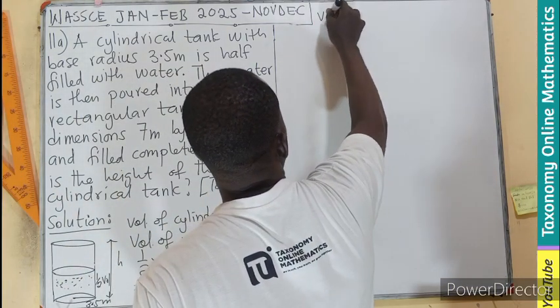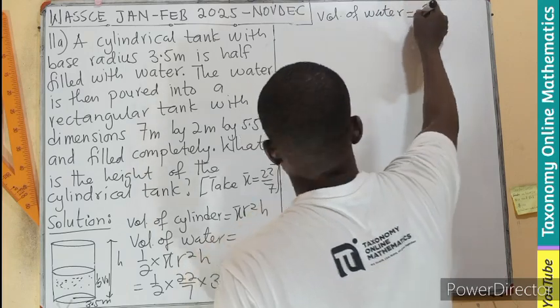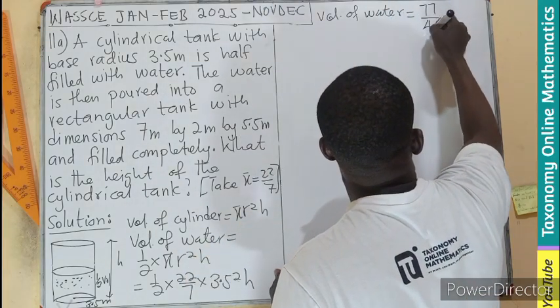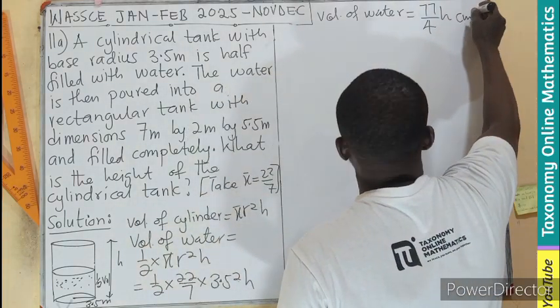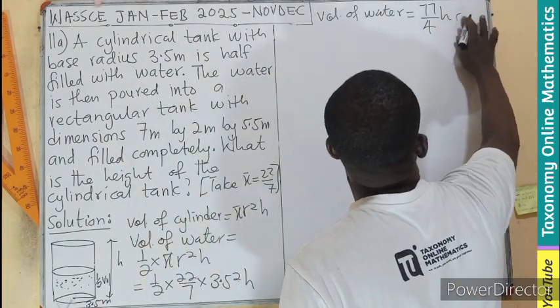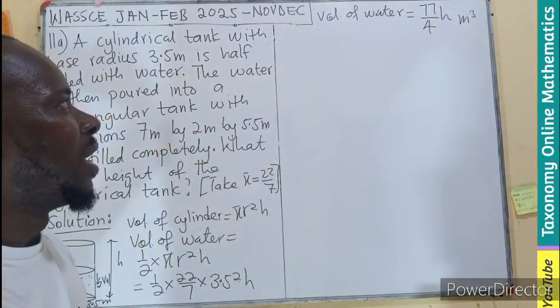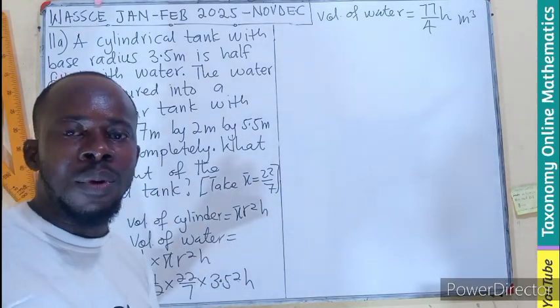We should have the volume of water equals 77 divided by 4 times h. The units are in meters, so we have meters cubed. So that gives us the volume of water inside the cylindrical tank.